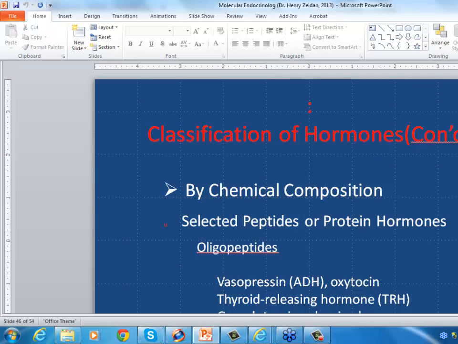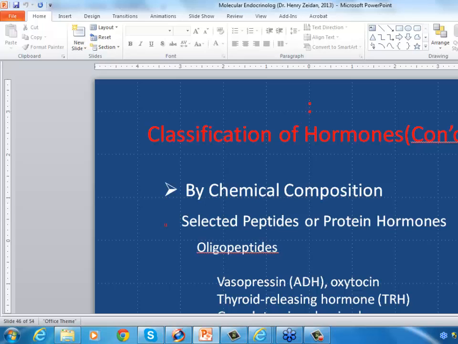The classification can be based on chemical composition, and that's very simple. As I stated, some of the hormones can be modified forms of specific amino acids like tyrosine: thyroxine, T3 and T4, coming from the tyrosine amino acid, tetraiodotyrosine or triiodotyrosine.